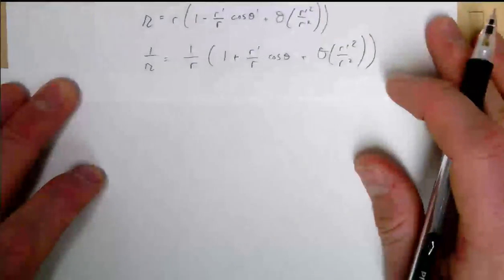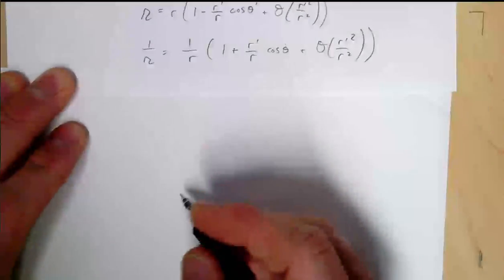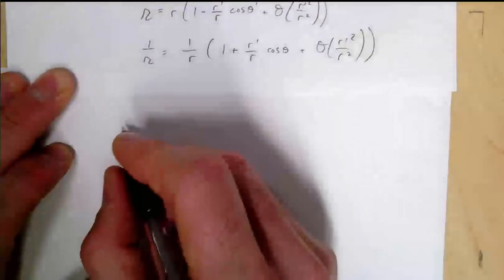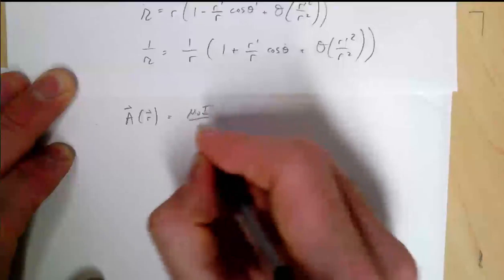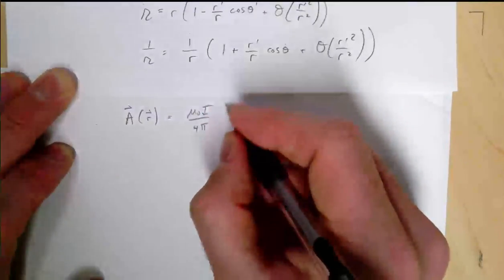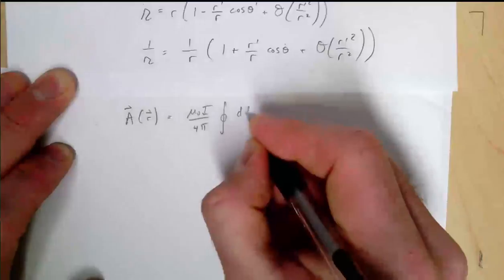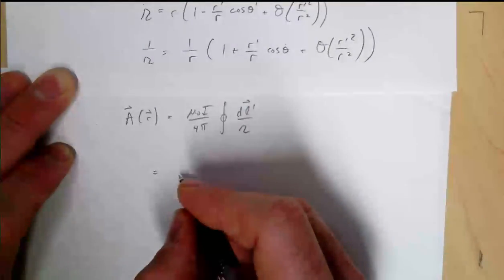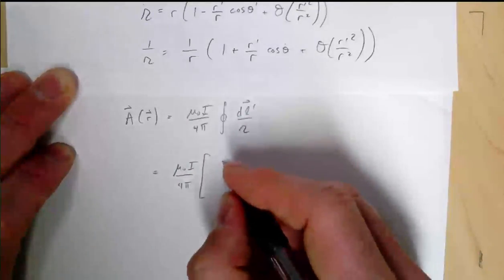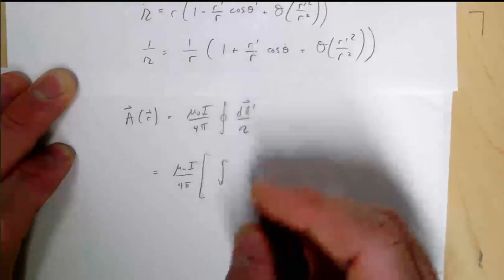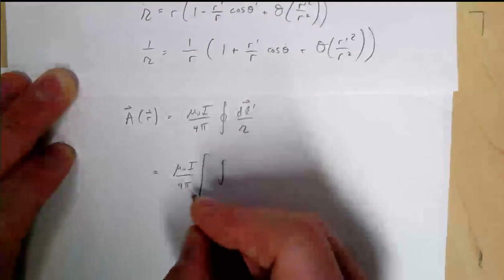Okay, so I'm going to continue on with this idea. I'm trying to add up A at r equals mu naught I over 4 pi times the integral of dl prime over script r. I can write it instead as mu naught I over 4 pi times first just the integral of, and I'm going to bring out my 1 over r here.